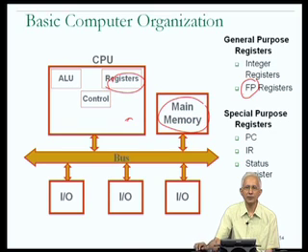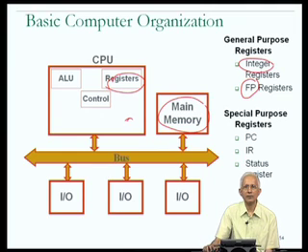So in some processors, you might find out that there are two collections of general purpose registers. One collection in which integer data can be temporarily stored from memory, and another collection into which floating point or real data can be temporarily stored from main memory. So there could be two or even more sets of general purpose registers.